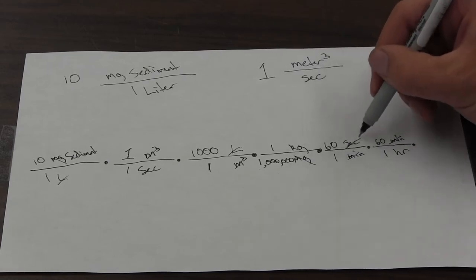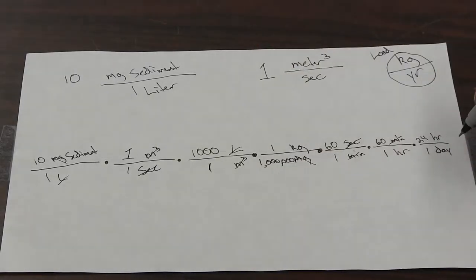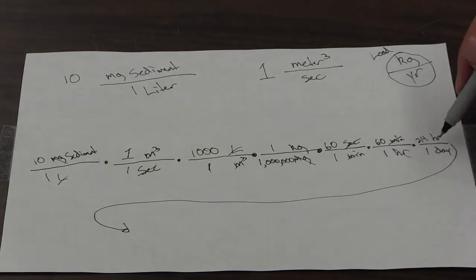We can cancel the seconds because it's in the top and the bottom. Now we're at kilograms per hour. To go from hours to days, we need hours up top and days on the bottom. So for every 1 day, there's 24 hours. And I ran out of room here, so I'm going to come down. And now I can cancel hours in the top and bottom, and now I'm at kilograms per day.